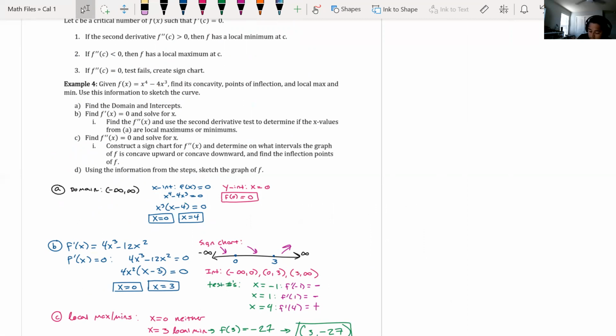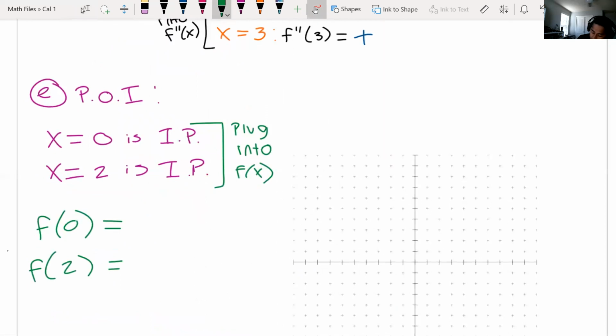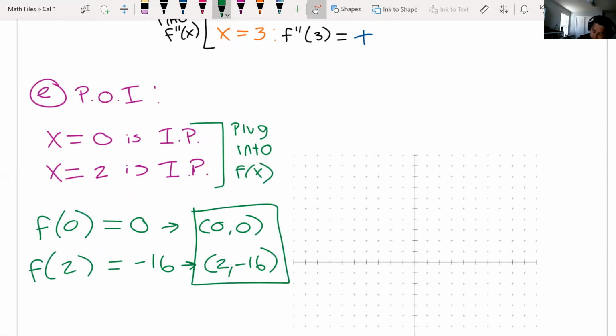But if you plug in 2, you'll get 2 to the 4th, which is 16, minus 2 cubed, which is 8 times 4, 32. So you get 16 minus 32, which gives us negative 16. So 0, 0 and 2, negative 16 are the actual points of inflection.